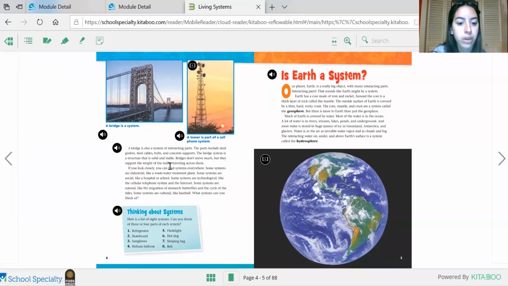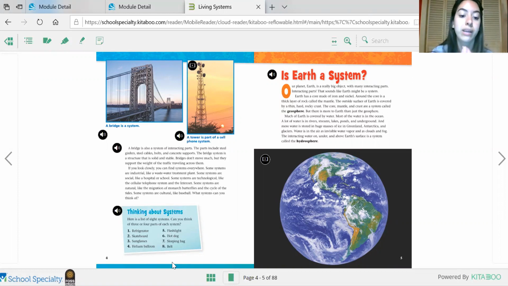All right, so down here it says, thinking about systems. Here is a list of 8 systems. Can you think of 3 or 4 parts of each system? So this is going to be your assignment in Google Classroom, our science Google Classroom. I'm going to give you these examples, and you're going to tell me what parts make up that object that work together for it to be called a system.